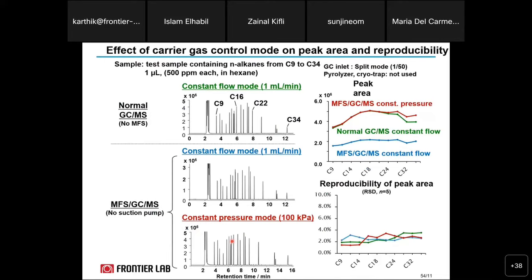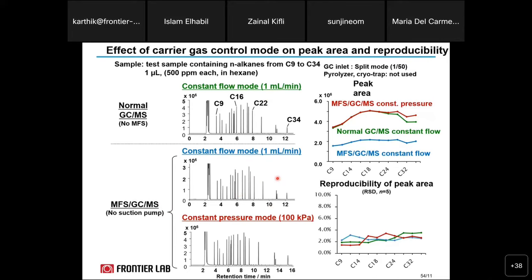What we have seen is that for normal GCMS, constant flow is okay, but when we use this multifunctional splitless sampler with GCMS, we found the constant pressure mode is much better for improving sensitivity than constant flow mode, because in constant flow mode we felt the sample is lost when this pump 3 is operating.